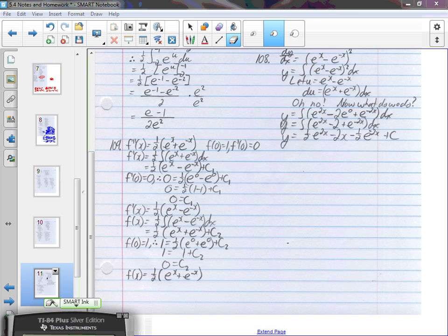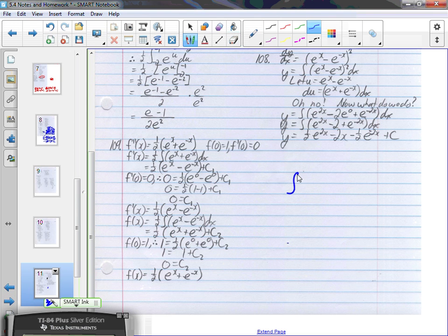All right, let's unwrap. So you take the integral of e to the 2x dx, let u equal 2x, so du equals 2 dx, but I don't have a 2, so 1/2 du equals dx.